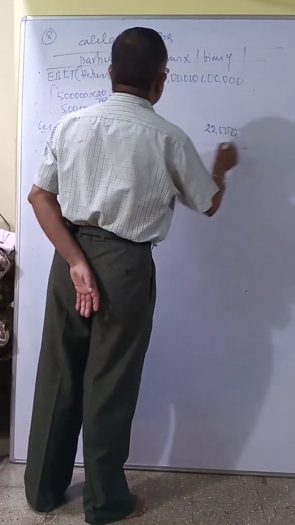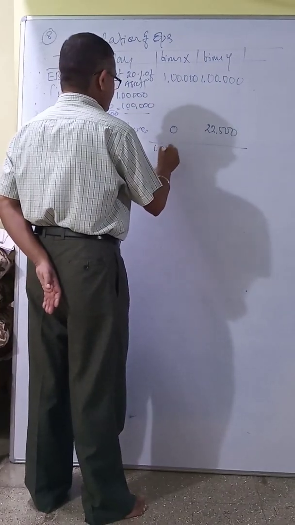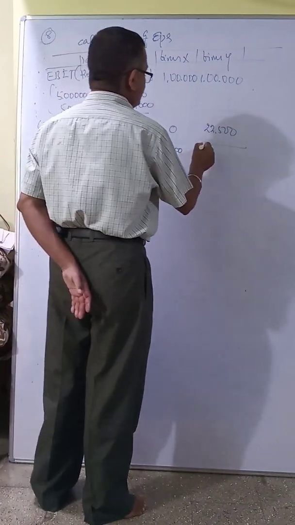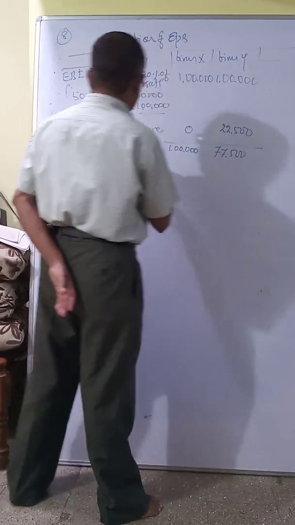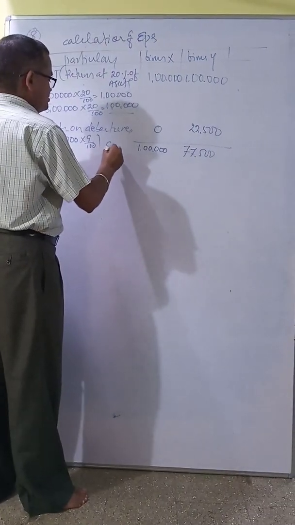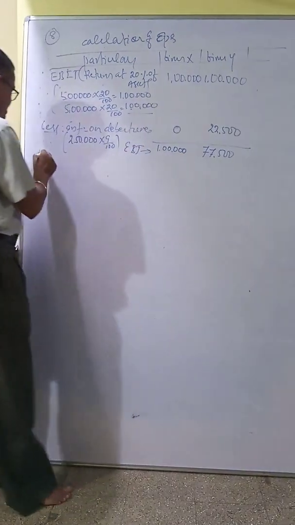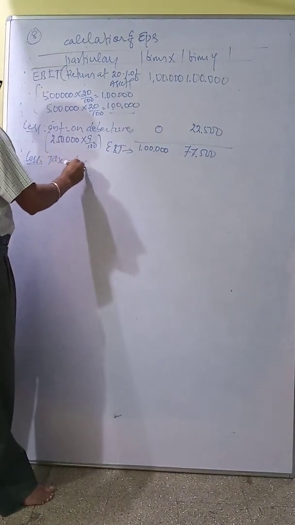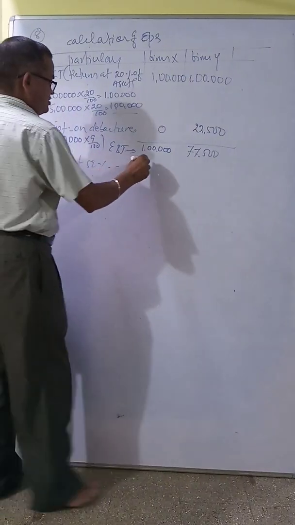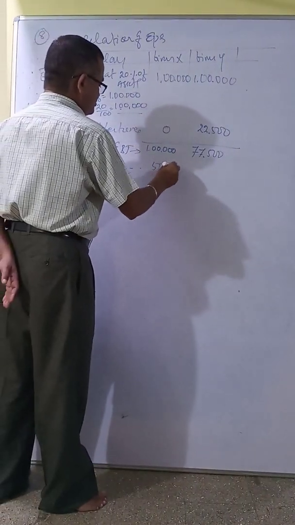Interest you have to deduct. So 1 lakh less 22,500 gives 77,500. This is called EBT, earning before tax. Less tax at 50% here also. So for X, 50,000 is half of this.